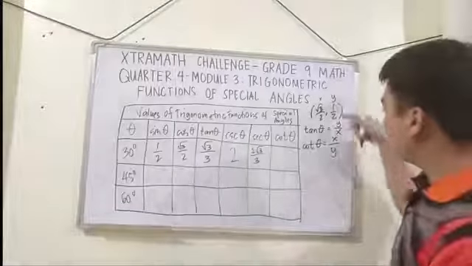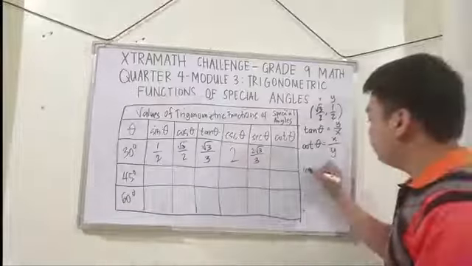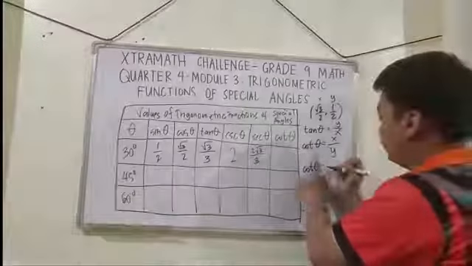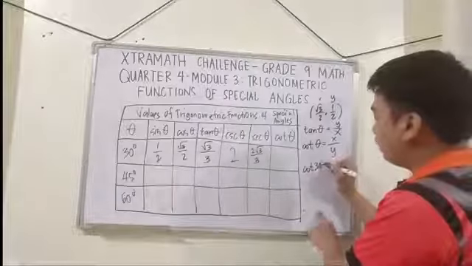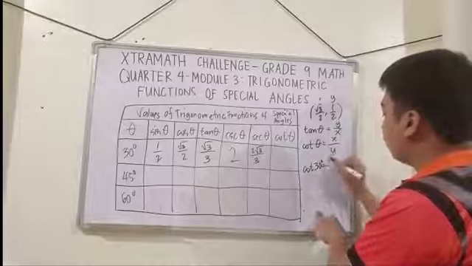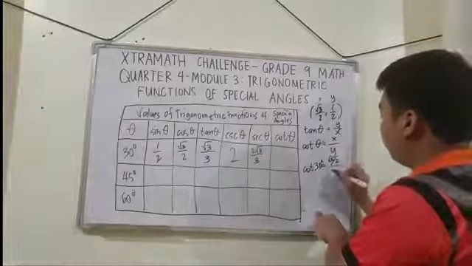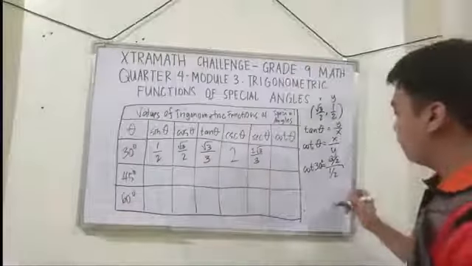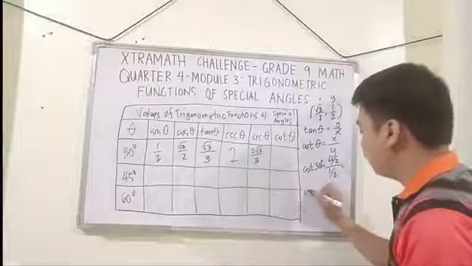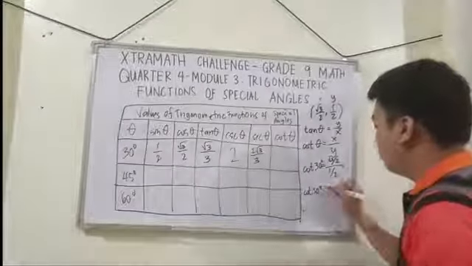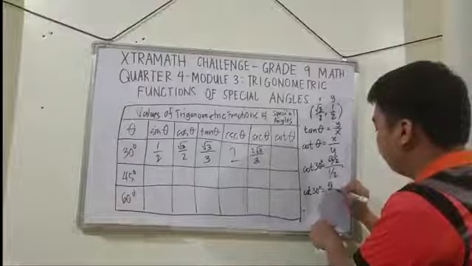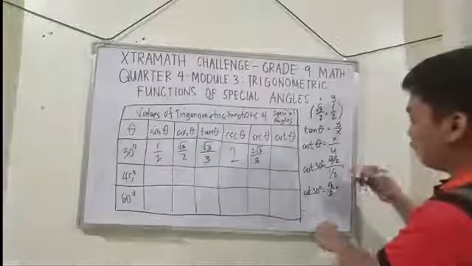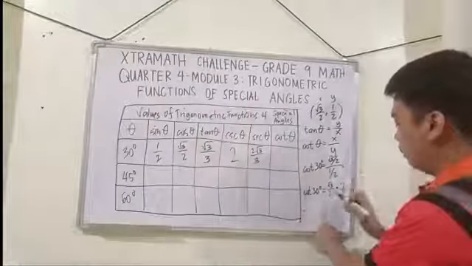And since our x is equal to square root of 3 over 2, cotangent of 30 degrees is equal to square root of 3 over 2 over 1 over 2. So we have square root of 3 over 2 multiplying the reciprocal of 1/2, which is equal to 2.